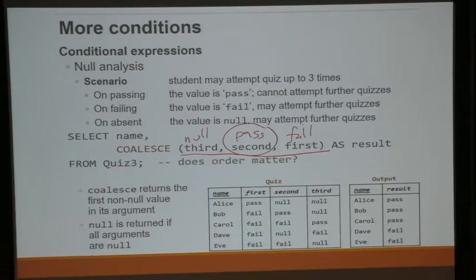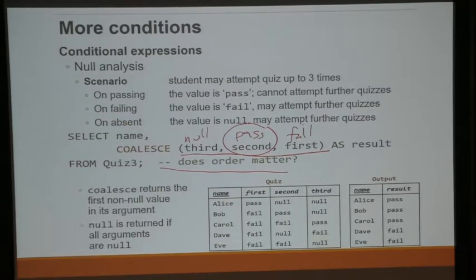Which means that there's a question here, that's the order matter. The answer is yes. If you check the first before the third, and the first already fails, even though the second attempt is passed, you will get fail.